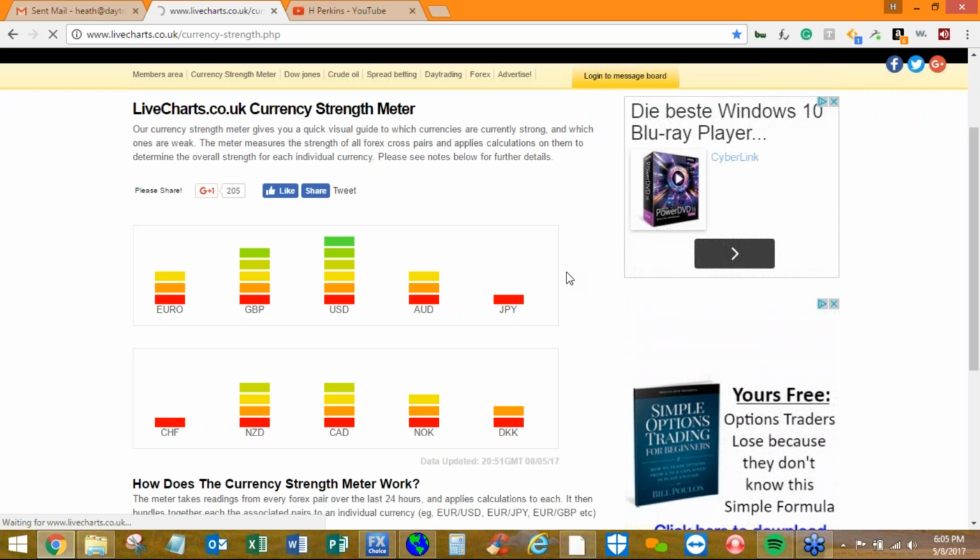For me, I placed a trade today on the USD JPY. Right here you can see the US this morning was quite strong, and the JPY is very weak today.